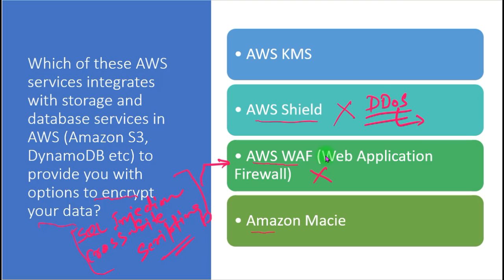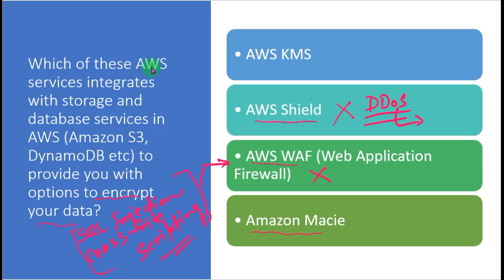Now we will talk about what Amazon Macie is. Amazon Macie is a fully managed data security and privacy service, and it uses machine learning to identify sensitive data in our Amazon S3.